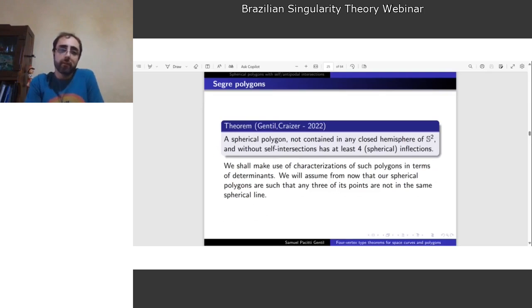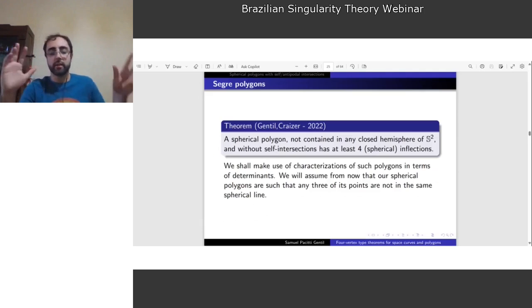In the outline of the proof, we shall make use of some characterizations of these polygons in terms of determinants. We will assume from now on that our spherical polygons are such that any 3 of its points are not on the same spherical line. This is some kind of genericity condition for spherical polygons.